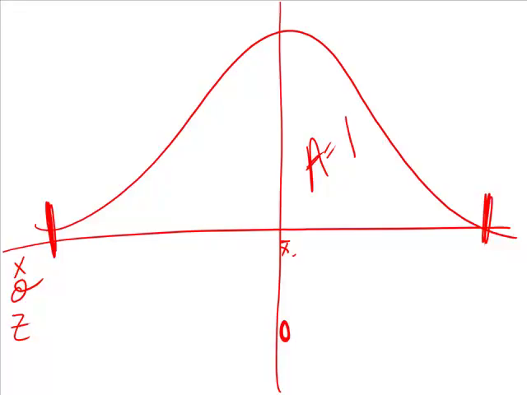Our z-score always has a median of 0. And if we do the whole sigma thing, we can talk about that being 1, 2, 3, negative 1, negative 2, negative 3. All right, that's for the empirical rule.